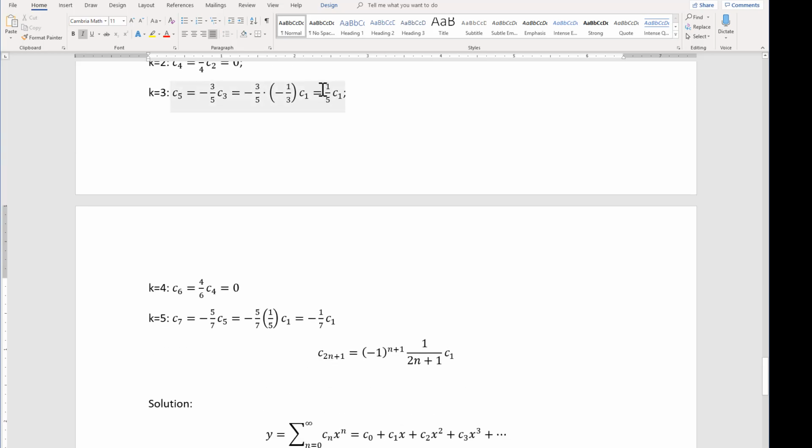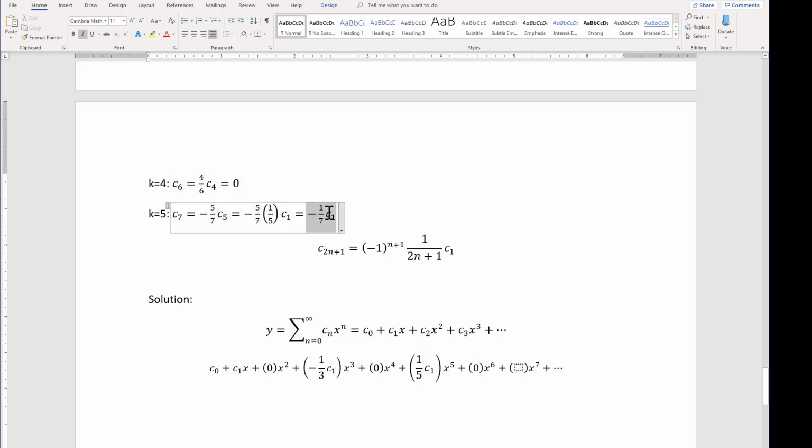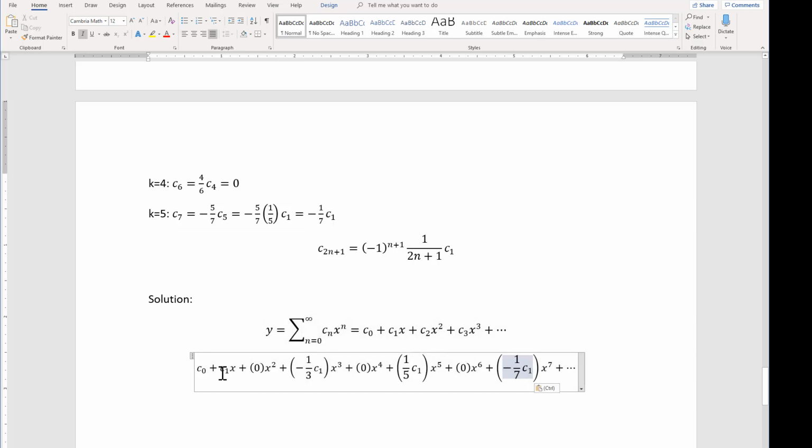C sub 5 is up here. It's 1/5 c sub 1, plus c sub 6. Oh, c sub 6 is equal to 0, times x to the 6, plus c sub 7. So what's c sub 7? C sub 7 is equal to this. We found a pattern for this already, but we'll take advantage of that pattern later.